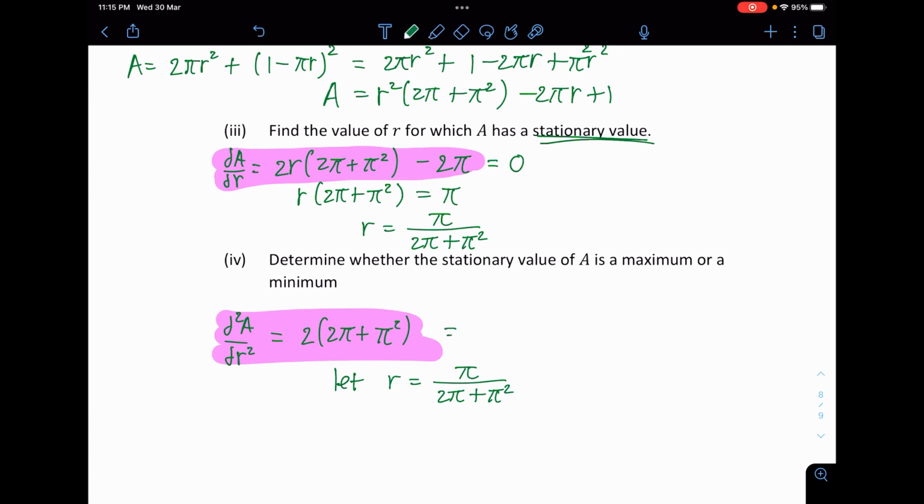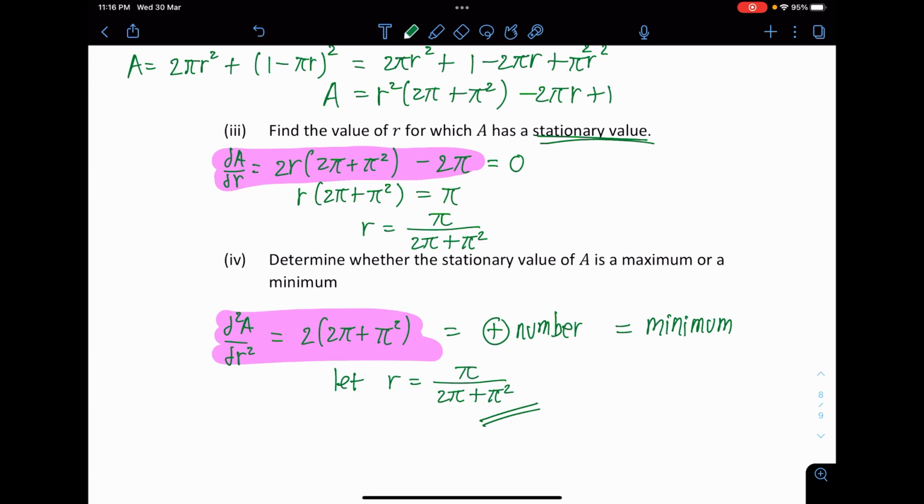Well, if you actually calculate this using calculator, you're gonna get some positive number. And you see, if our second derivative is positive, you are actually getting a minimum. Therefore, the value of r that you got just now will be giving you a minimum point. A minimum value of A.